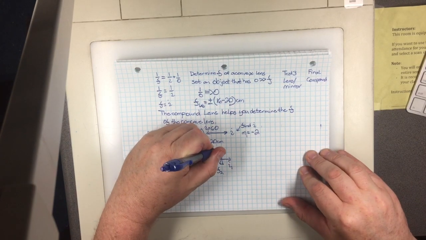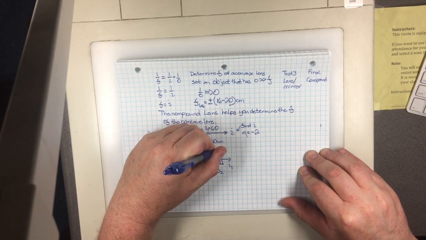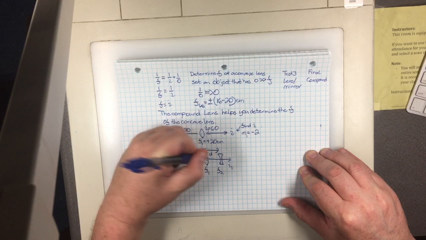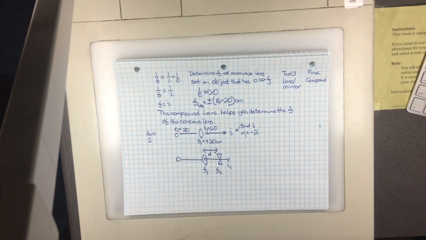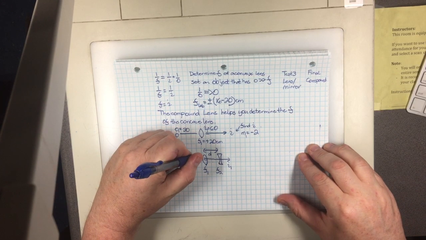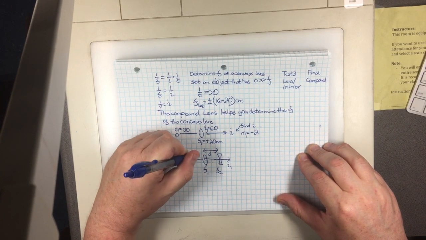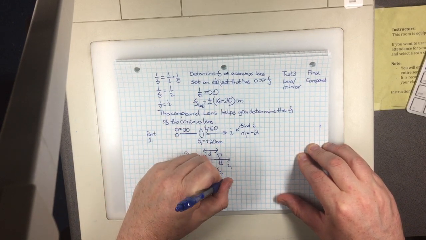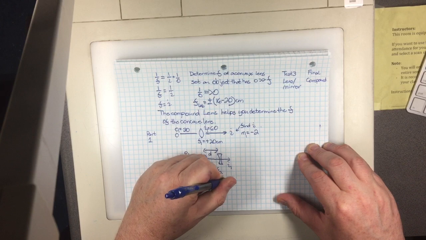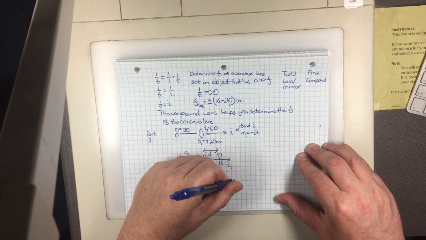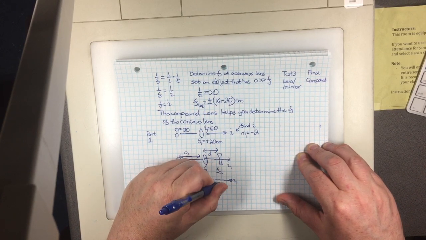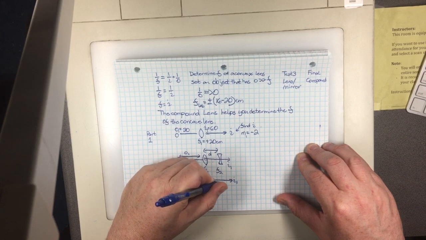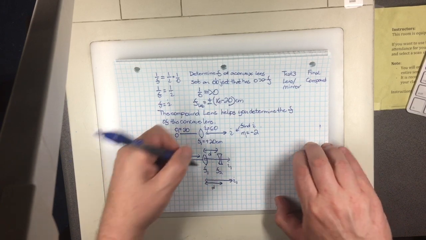And the distance between the two is called D. So you're going to have two lenses. This is the distance O1, just to write it again, this distance is I1, that distance is D.